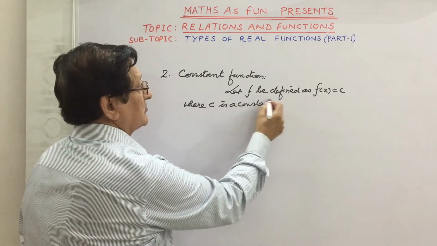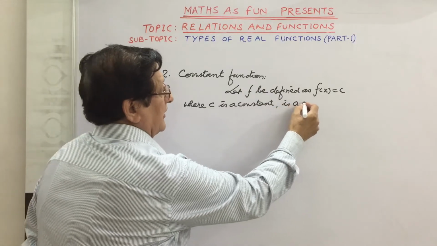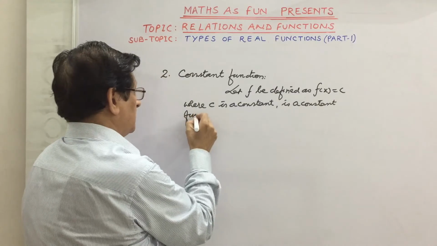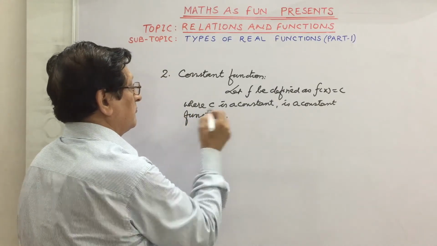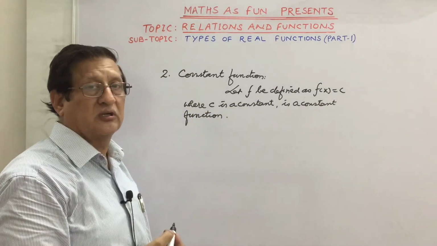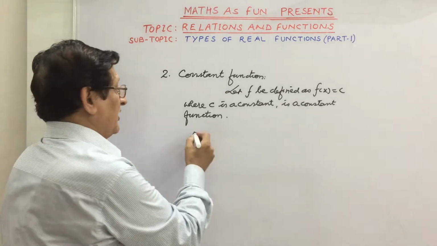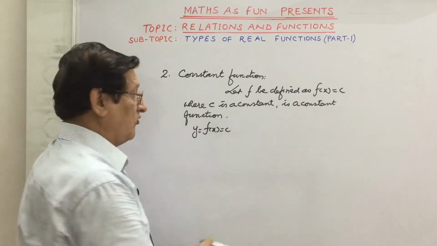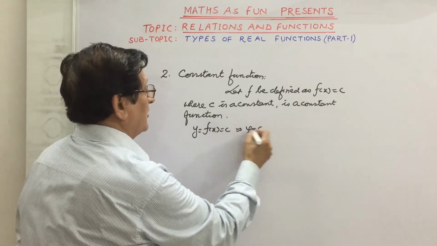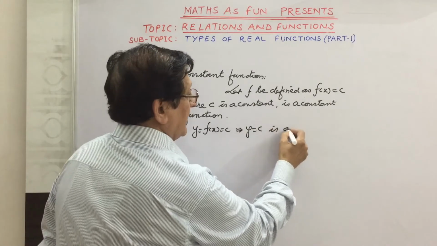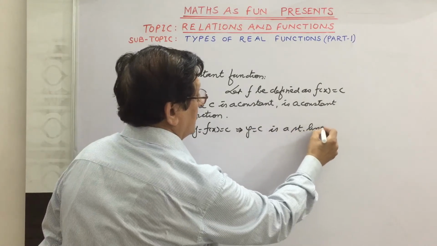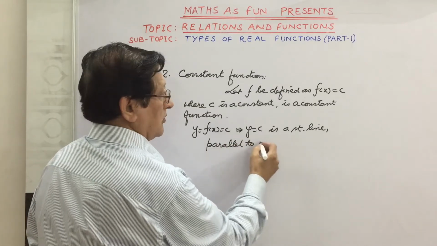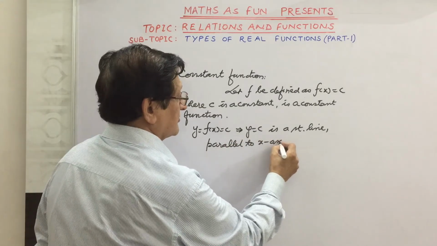This is a constant function. Let's learn about the graph of it. Suppose we have y = f(x) = c. We know that y = c is a straight line parallel to the x-axis.